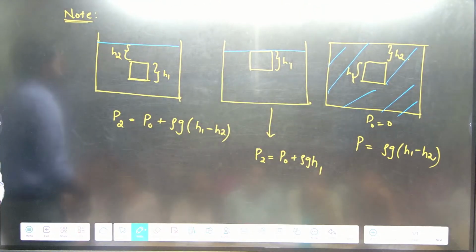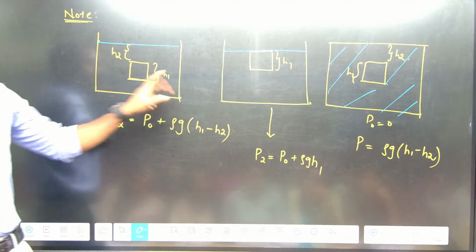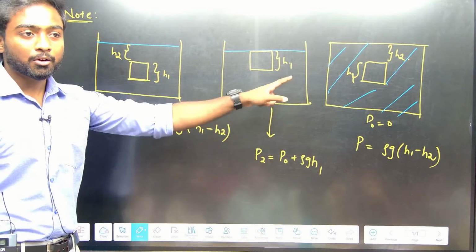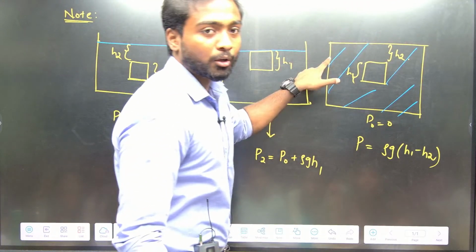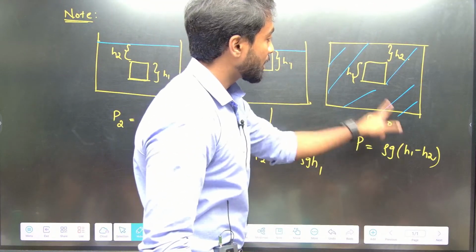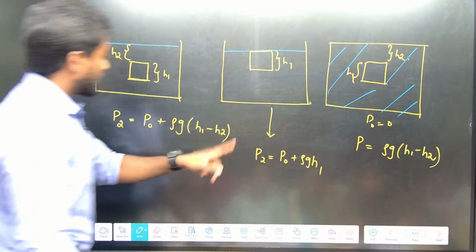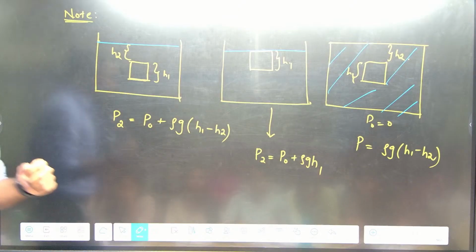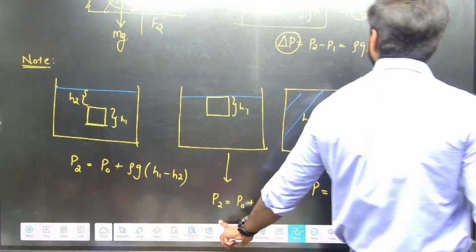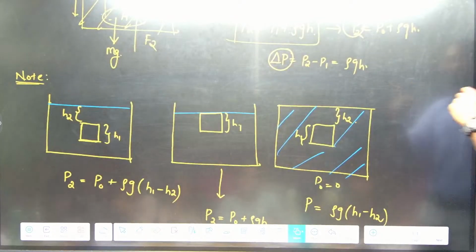Okay, three conditions: two open conditions and one closed condition. In the closed condition, atmospheric pressure is 0, only the water we are talking about. So P will be equal to rho g (H1 minus H2). In the other two, atmospheric pressure will be there. Okay, write down. Write on this point also, the gauge pressure also.